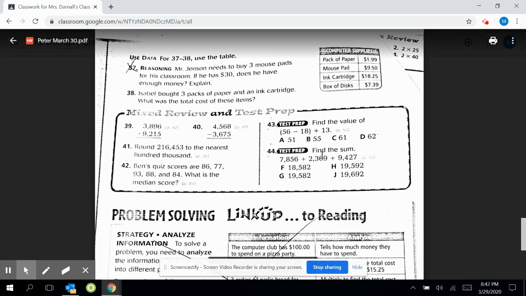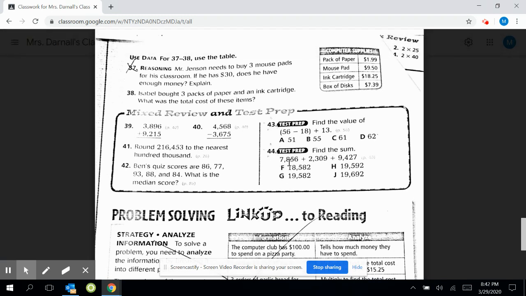So 44 says find the sum. So you're going to need to write this on your piece of paper, and it's important that you line up all your numbers so that you don't get confused. You need to have all the thousands stacked, one on top of each other. All the numbers in the hundreds place stacked on top of each other.